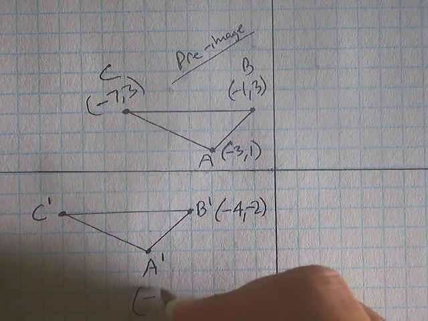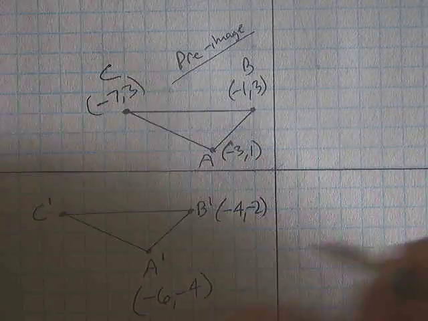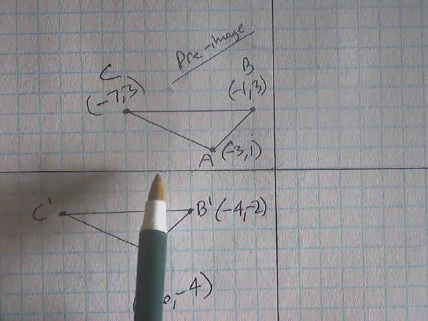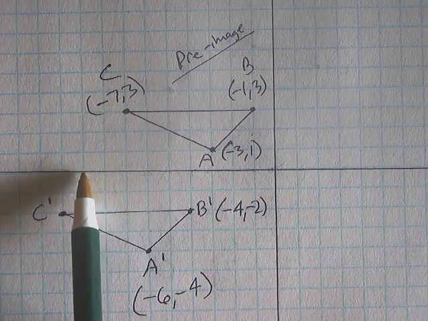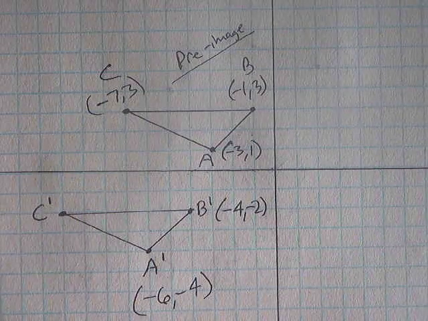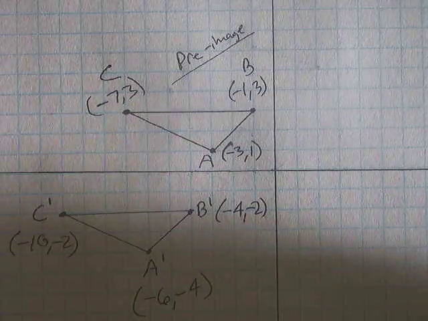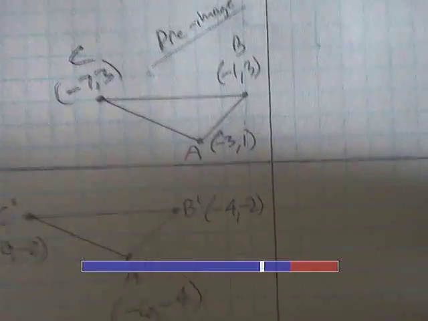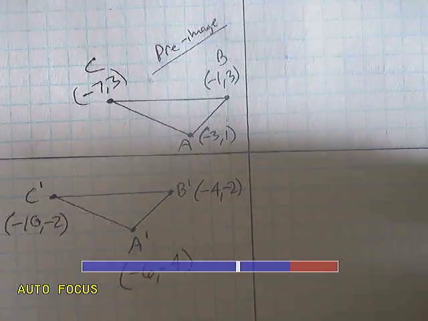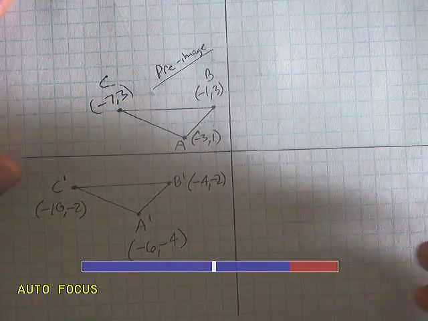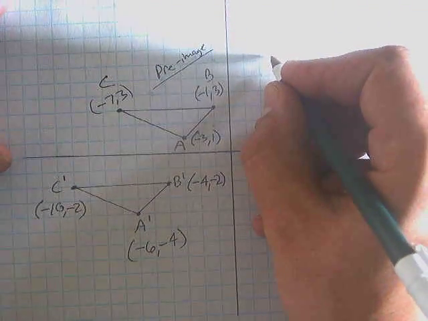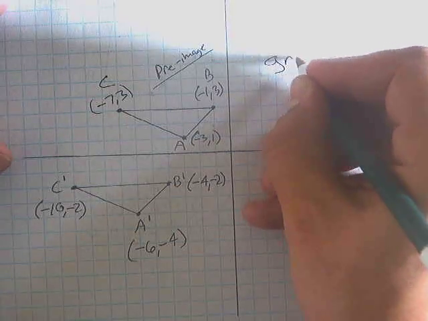So B prime is over 1, 2, 3, 4, down 2. So it's -4, -2. A prime is over 1, 2, 3, 4, 5, 6, down 1, 2, 3, 4. So -6, -4. C prime's over 6, 7, 8, 9, 10, down 2.